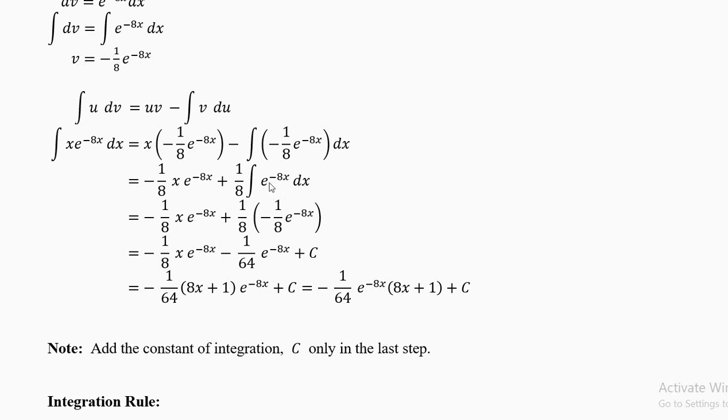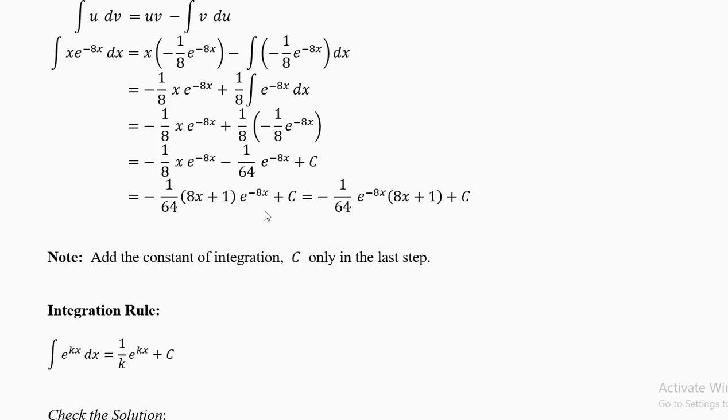Now do this integration. The 1 by 8 is outside. e power minus 8x. You will get minus 1 by 8 e power minus 8x. 8 into 8 is 64. You'll get minus 1 over 64 e power minus 8x plus c. Now again e power minus 8x is repeating. You take it out. Then write 1 over 64 with the minus.